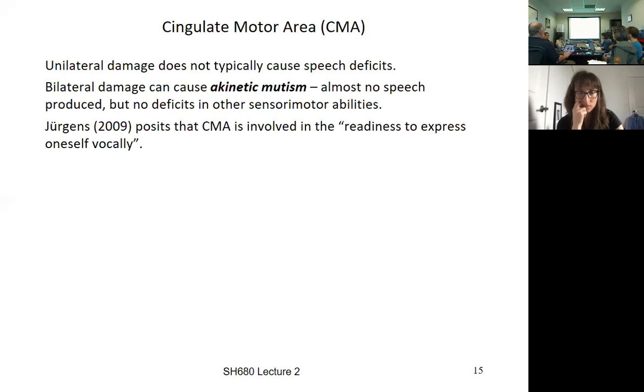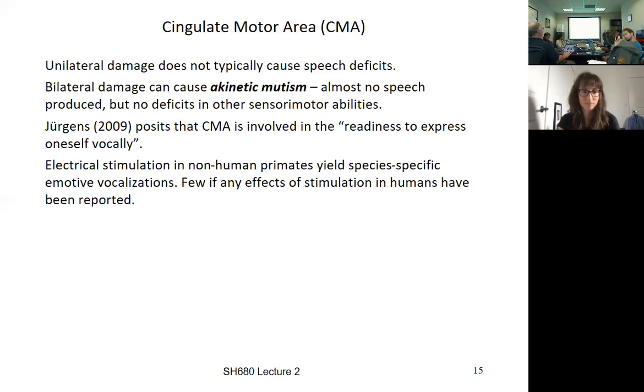Okay, as I mentioned, Jurgens, in this paper, suggested that in humans it's probably involved in the readiness to express oneself vocally, based primarily on his studies in non-human primates. If you electrically stimulate it in monkeys, you get species-specific emotive vocalizations.